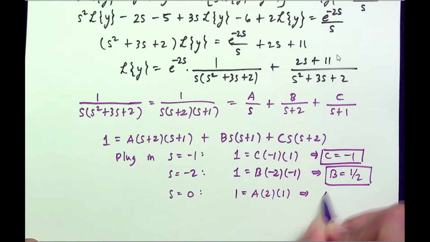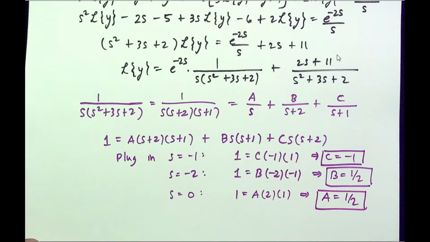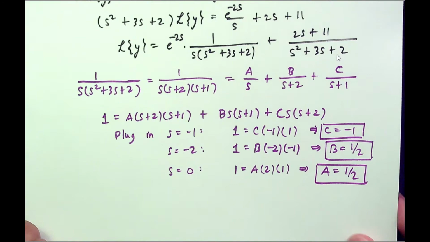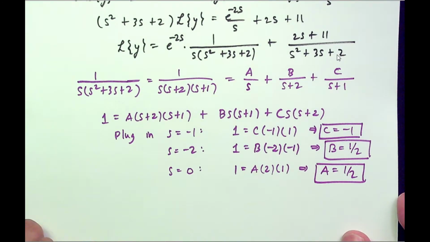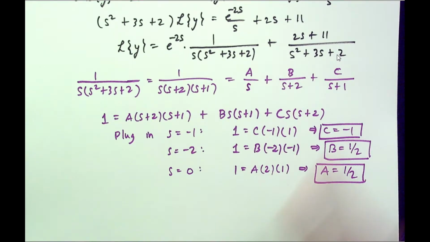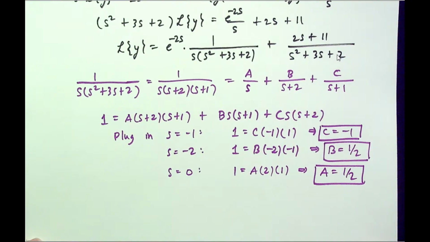So that means a equals 1/2. Okay, so those are all the coefficients. That's the numbers that go there. And now we have to break this one up as well. So now we have to do the same process all over again and break up that one.